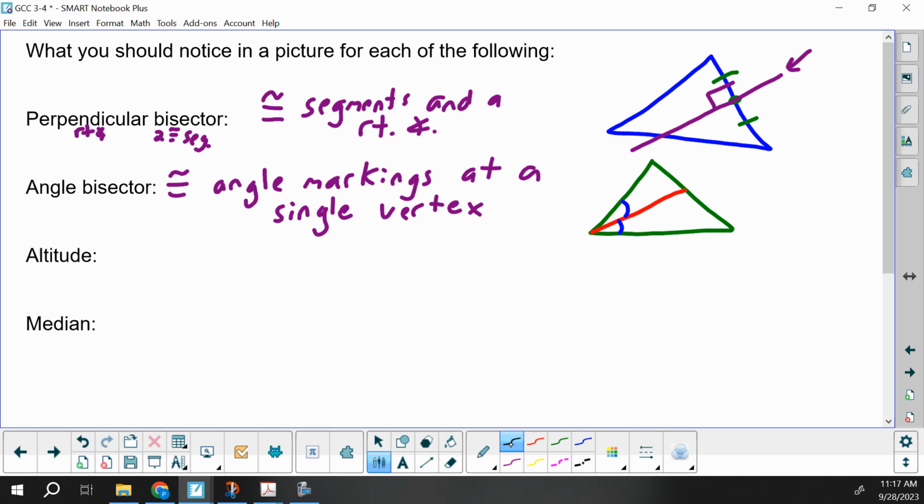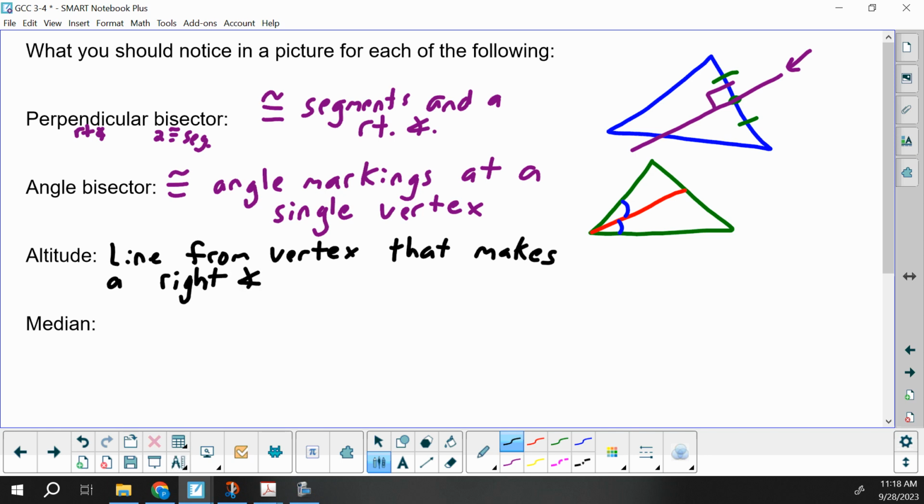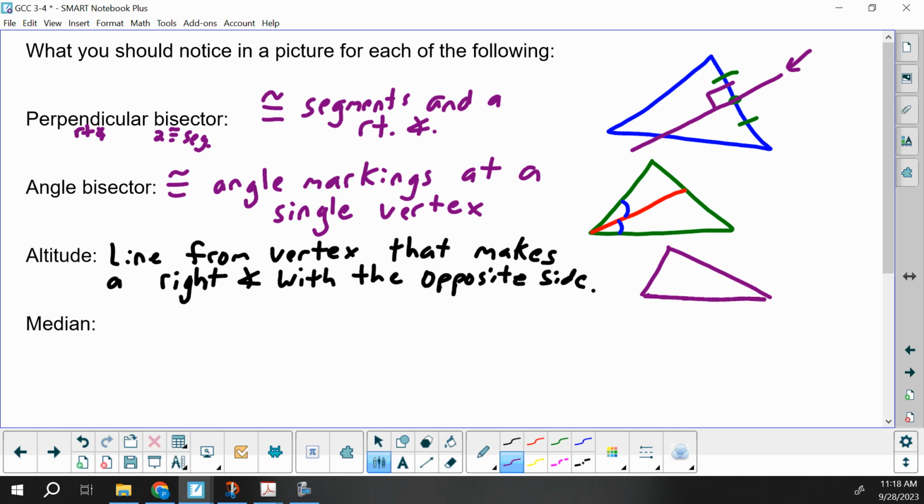An altitude starts at the vertex and makes a right angle with the opposite side. So you want to look for a line from the vertex that makes a right angle with the opposite side. We'll draw a little picture of that.